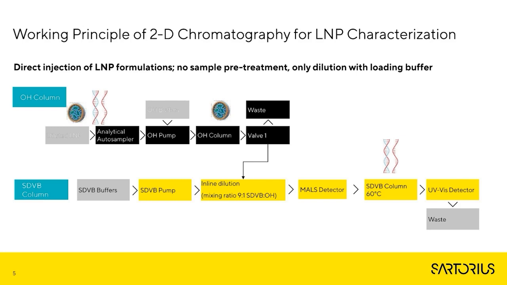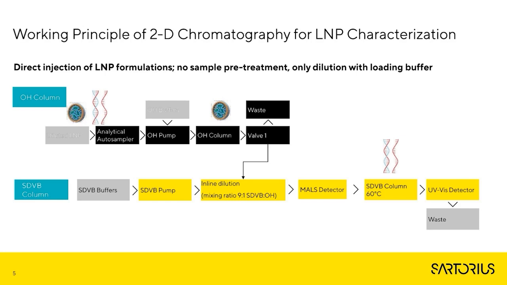And just a quick setup of how this works. You bind the LNPs on the OH column, you analyze them on the MALS detector, and then free RNA goes past here and is analyzed on the SDVB detector, while the encapsulated RNA binds to the SDVB column. That's quite important, because this is kind of an online particle opening that we have developed.